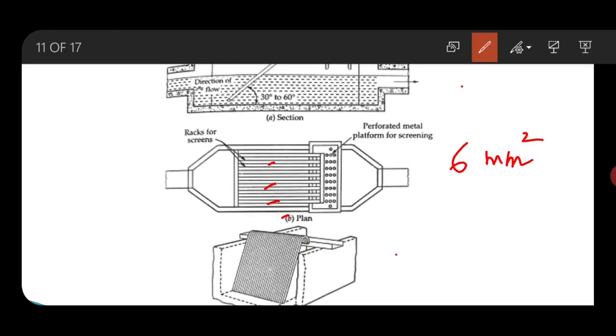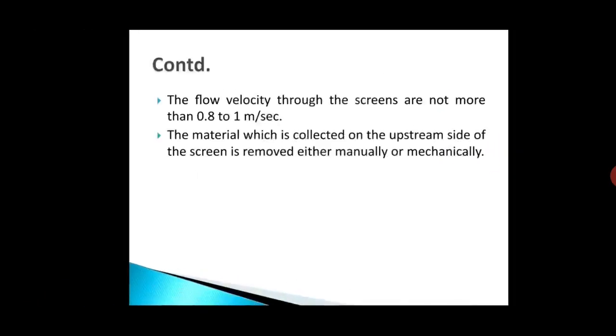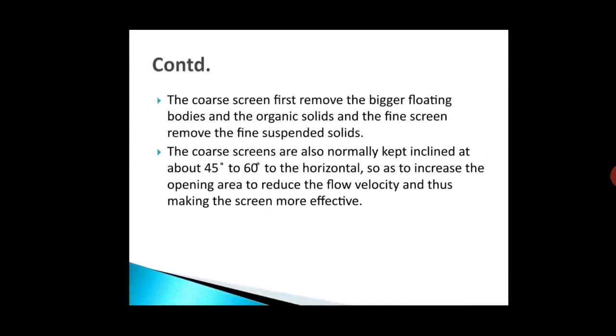The coarse screens are generally kept inclined at an angle of 45 to 60 degrees to the horizontal, so as to increase the opening area and to reduce the flow velocity.